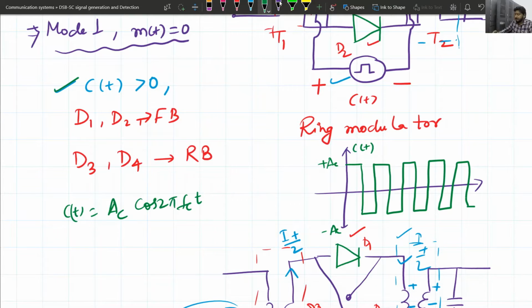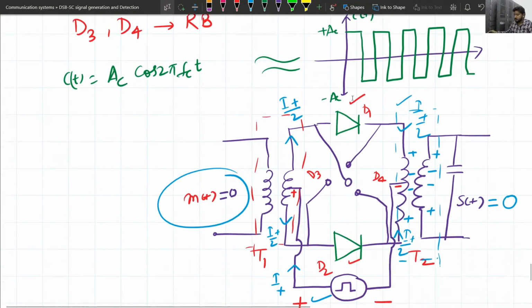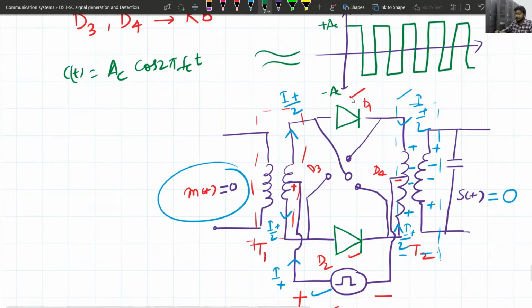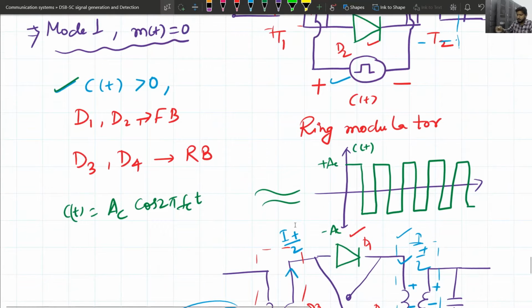In that case, we can closely represent c(t) in terms of a square wave, such that when c(t) is greater than 0, diodes D1 and D2 will be forward biased, and when c(t) is less than 0, diodes D3 and D4 will be reverse biased. So when m(t) is 0, s(t) will also be 0. So this was case 1.